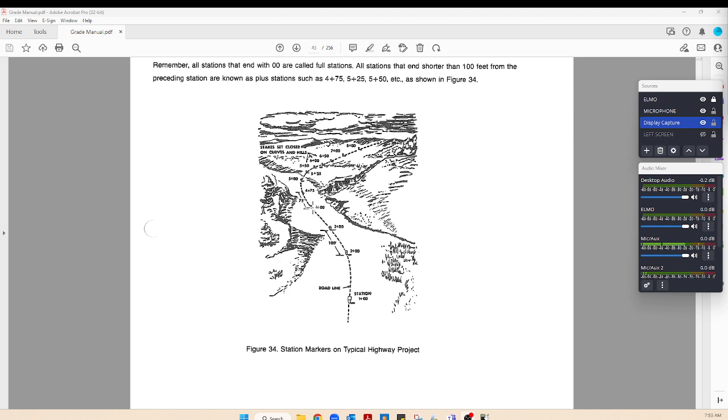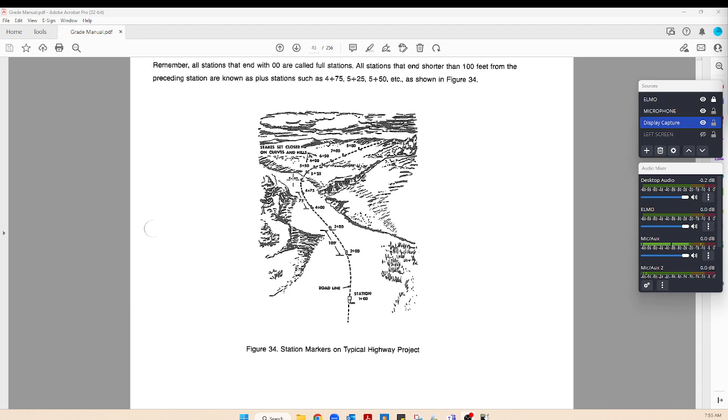But look here, the next station is 4 plus 75. So these are getting shorter because they're about to go around a curve. See, this is 4 plus 75, so this stake is 75 feet further than this 400. This right here is 5, there's 25 feet in here going around this curve.